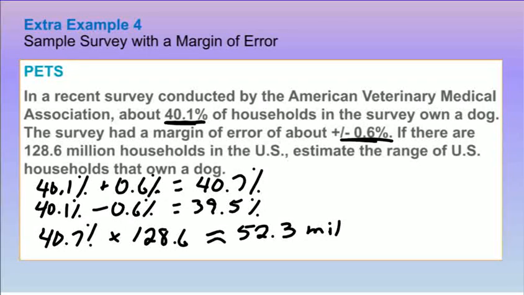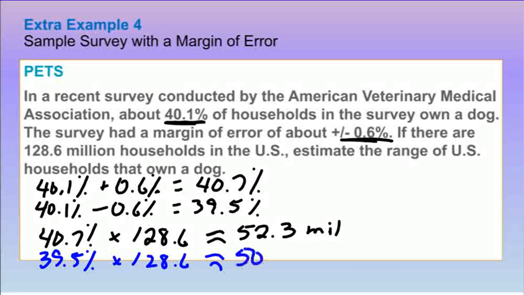And then the other one, we're going to do 39.5% times 128.6. So on my calculator, I'm going to put 0.395 times 128.6. And that's going to give me roughly 50.8 million. So we can say between 50.8 and 52.3 million people in Florida own a dog.